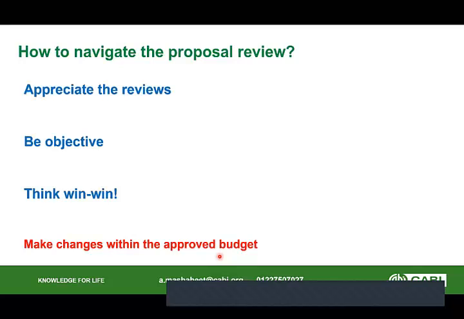So if you receive some sort of a conditional acceptance status, it's good to inquire about the approved budget to make sure that you are gonna apply the changes within the approved budget. This will help you a lot, and will save you time.